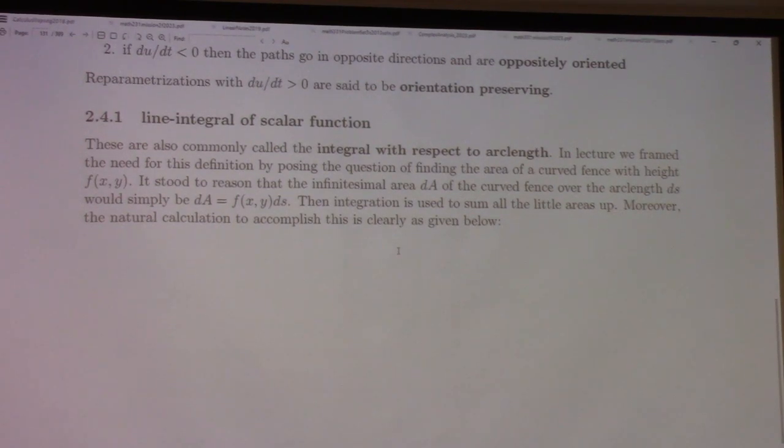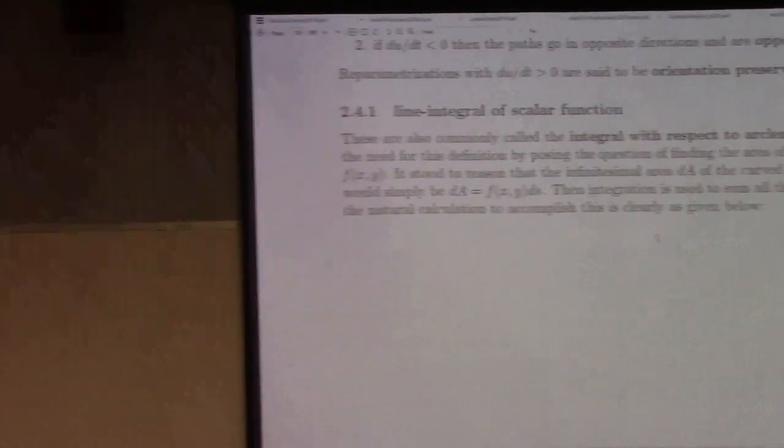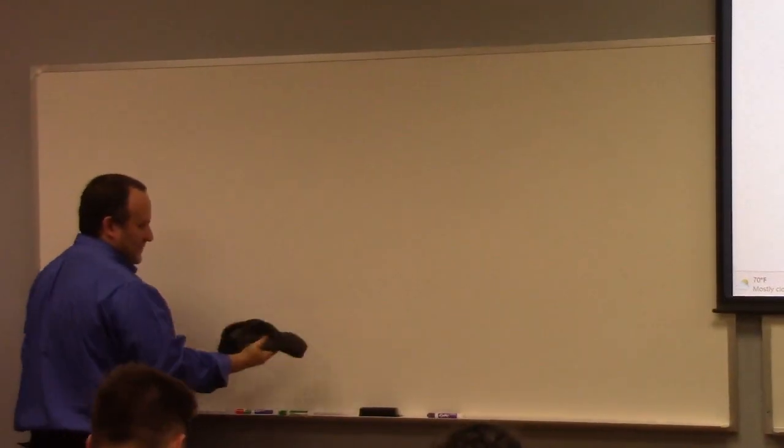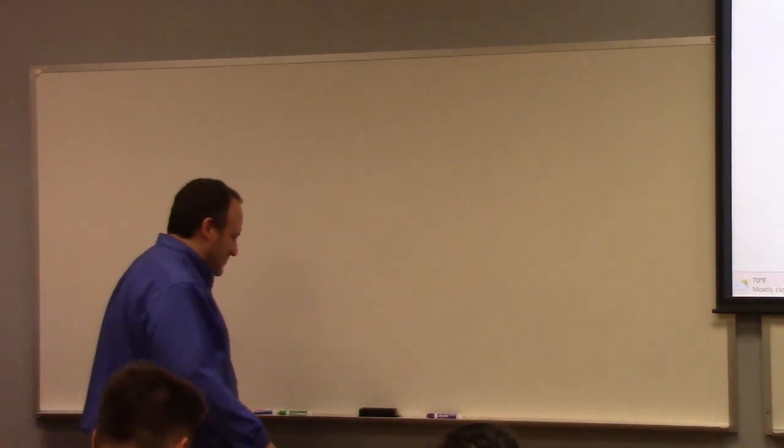I was really, really sick. I couldn't talk loud, and I told them at the start of class to please be quiet because I can't talk loud. Then they started talking, and somebody in the middle of class asked, could you please be louder? So then my wife had pity on me and bought me a mic. It's really disorienting as a teacher to use a microphone. You hear yourself speaking, it's bizarre.